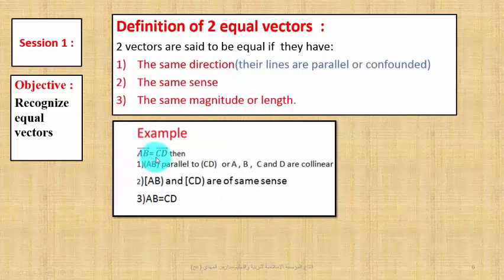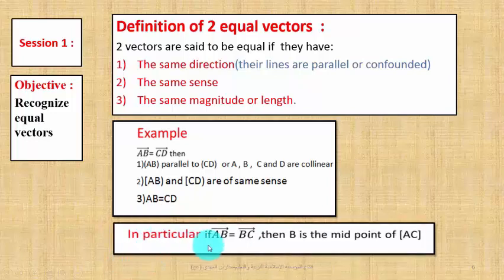Vector AB equal to vector CD, then we can say that line AB is parallel to line CD, or points A, B, C, and D are collinear. The semilines AB and CD are of same sense, and segment AB equal to segment CD. They are equal in magnitude.